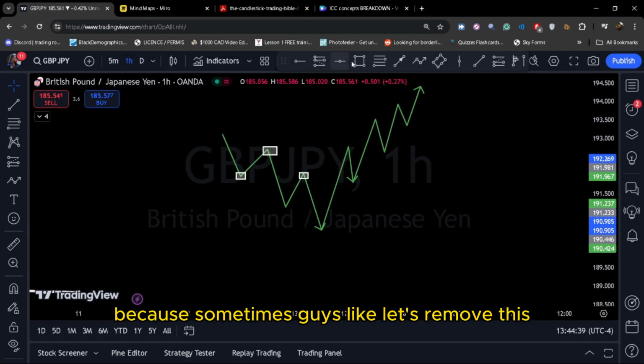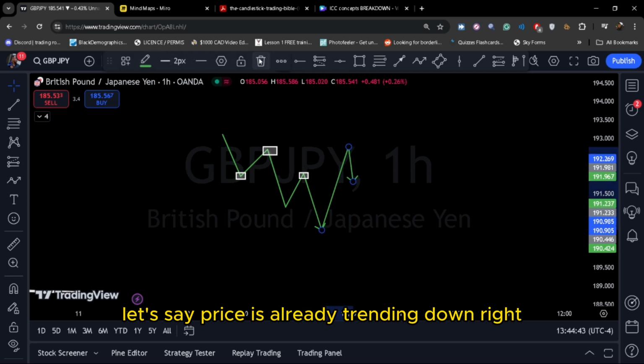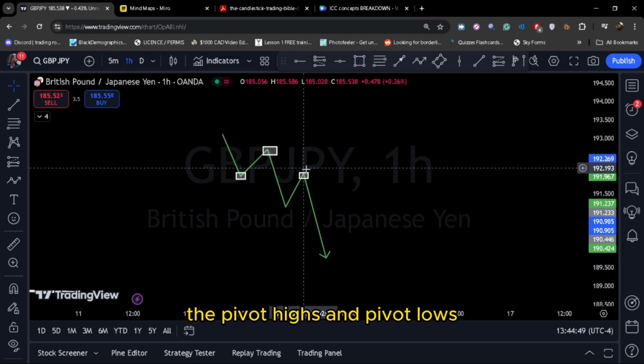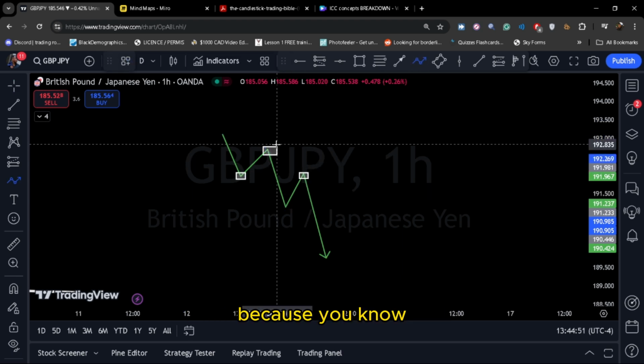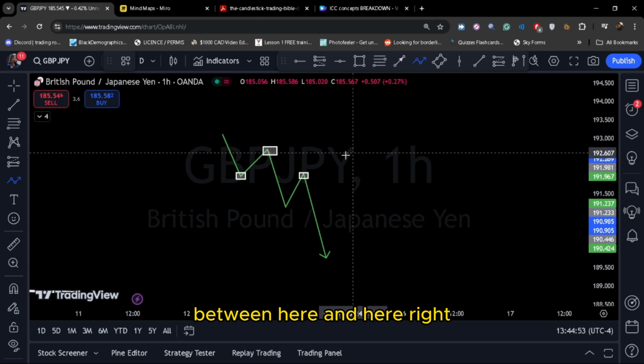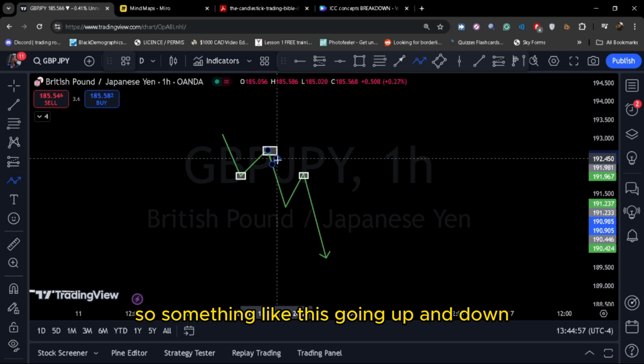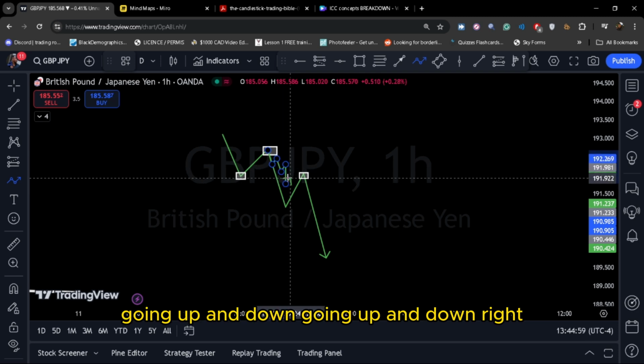Because sometimes, guys, let's remove this. Let's say price is already trending down. You might ask yourself, okay, how do we actually figure out the pivot highs and pivot lows? Because between here and here, price could have easily been doing something like this, going up and down, going up and down, going up and down.